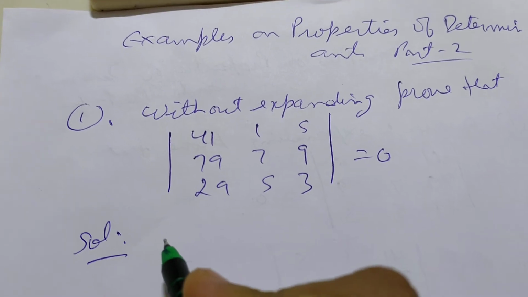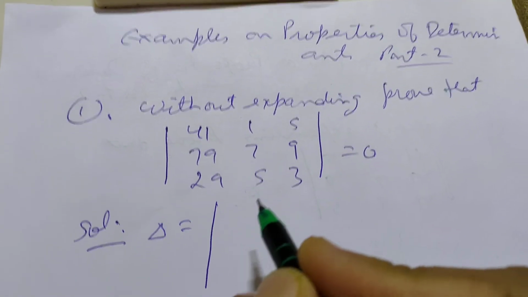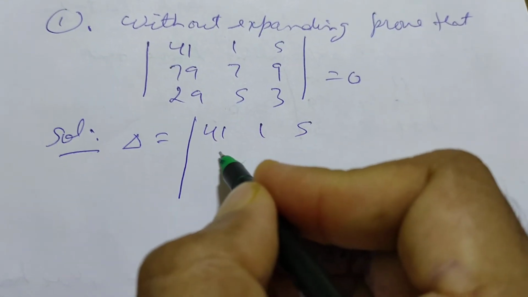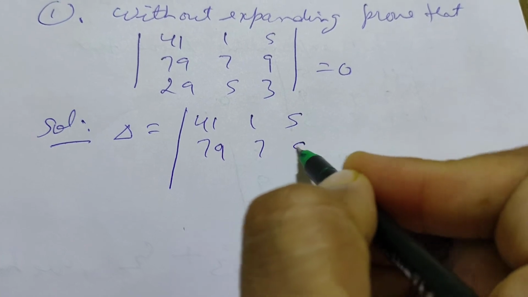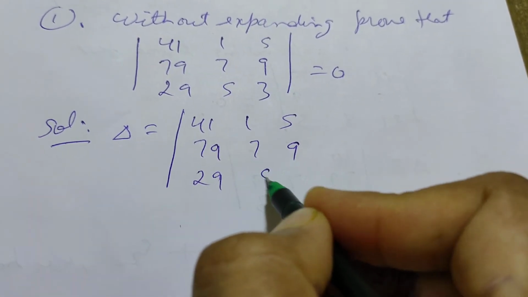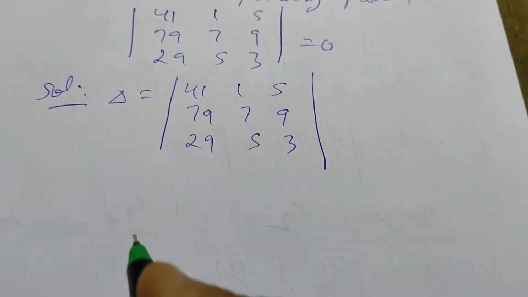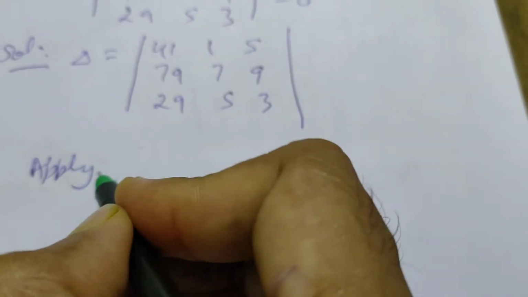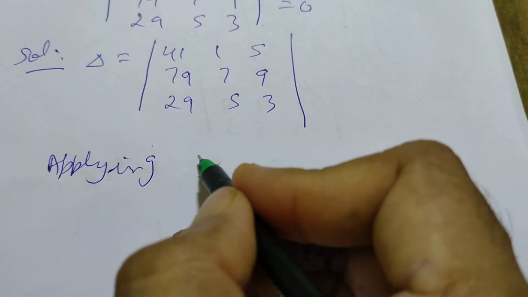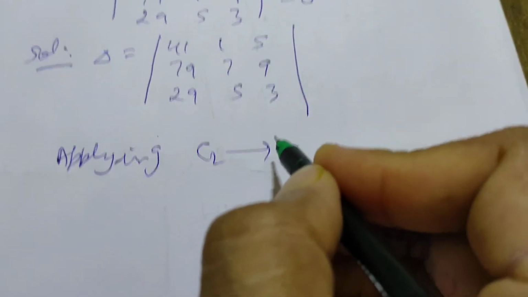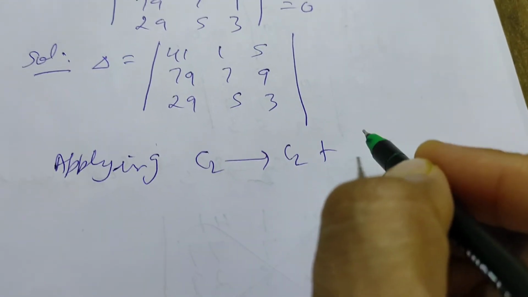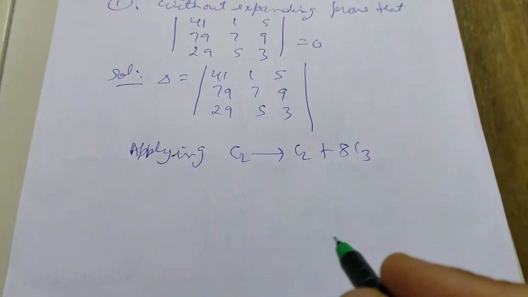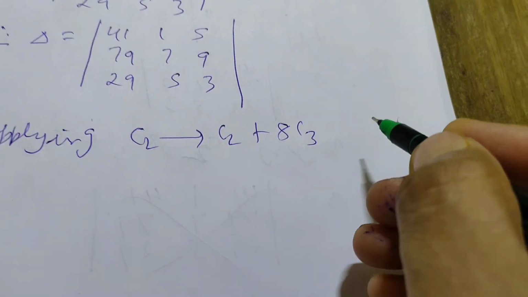So here delta equal to, first of all I'll write the given determinant, that is 41 1 5, 79 7 9, 29 5 3. So now the next step, applying C2 becomes C2 plus 8 C3.